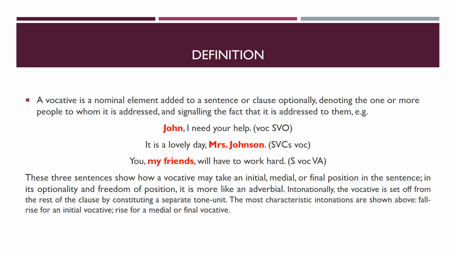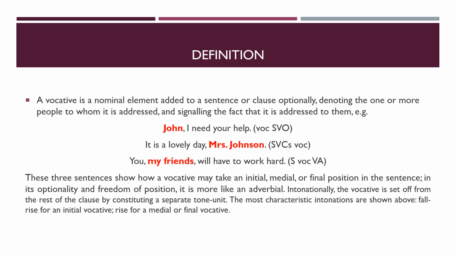Third, this nominal element that we add optionally to the sentence denotes, indicates, refers to the one or more people to whom it is addressed. So when we add the vocative to the clause or to the sentence, we mean by it to refer to the what?